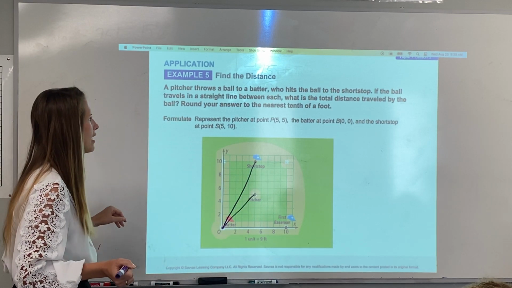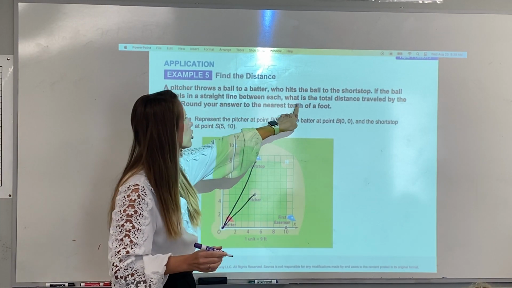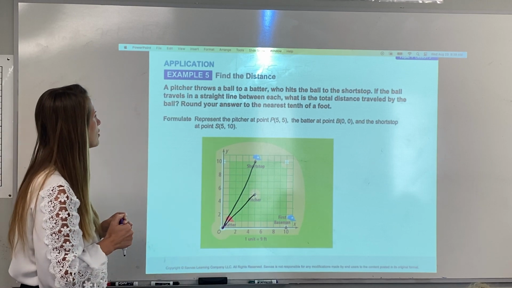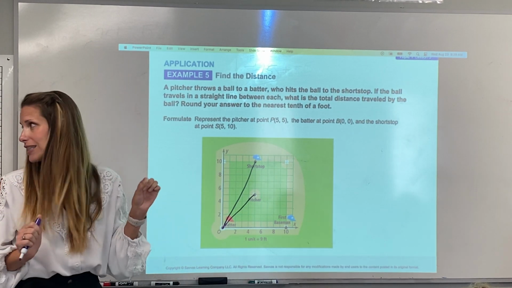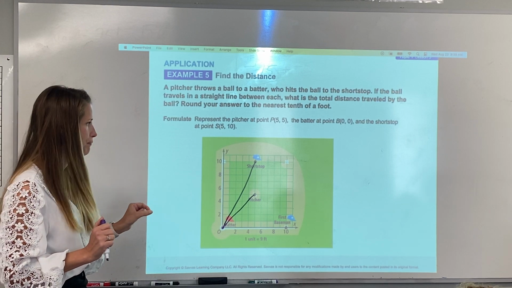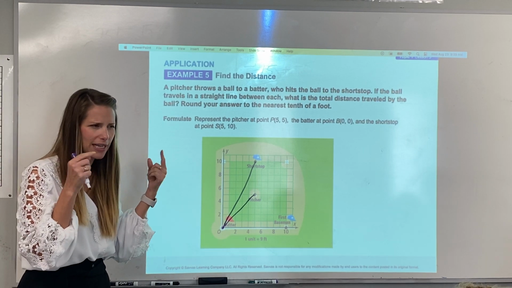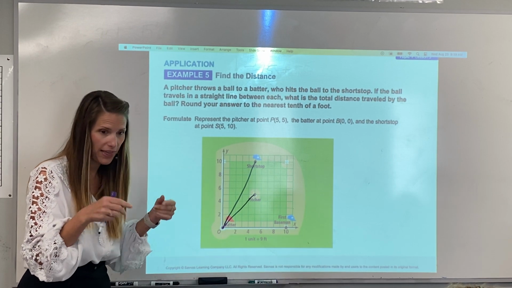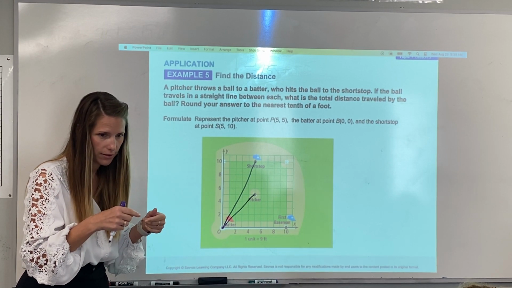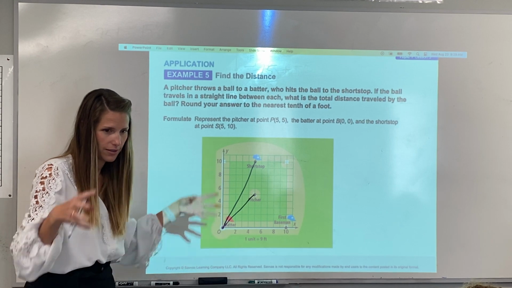Look at this beautiful line. What is the total distance traveled by the ball? So essentially, you have to go from there to there, and then there all the way up to there, and then find how much it went by adding it together.